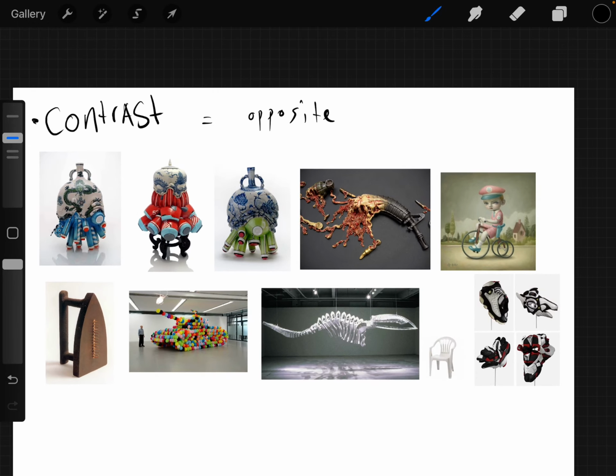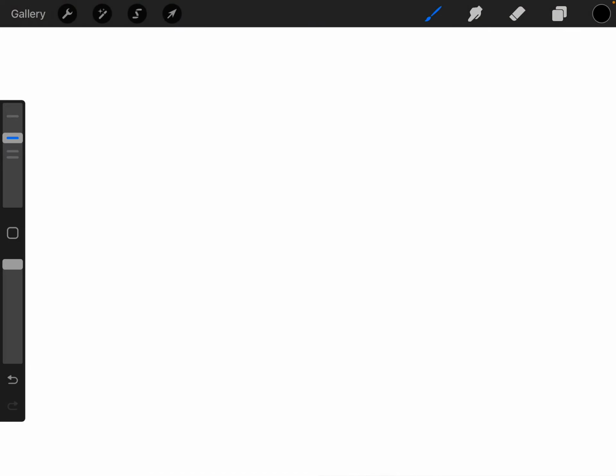For example, if I say cold, the opposite to cold is warm, right? Or if I say hard, then the opposite is soft. Now, if you want to create any type of art that is somewhat interesting, you have to use contrast. In fact, I 100% can guarantee you this.